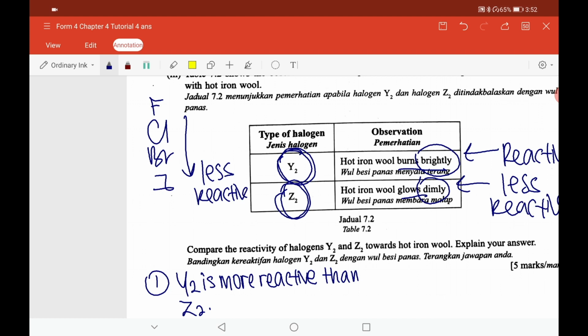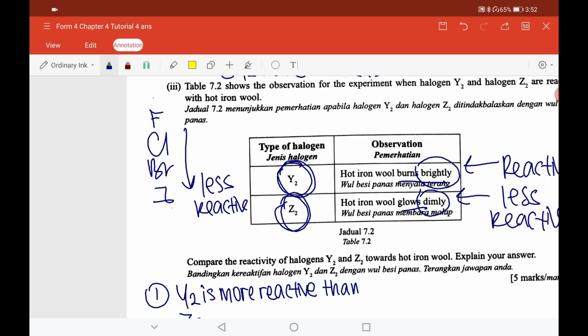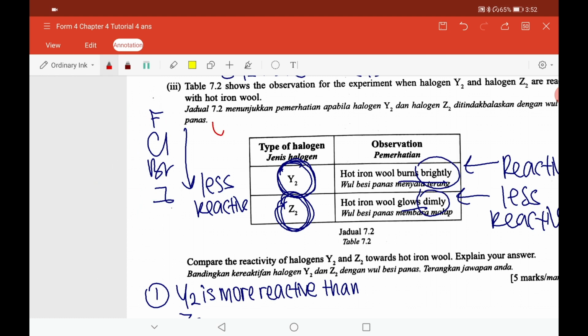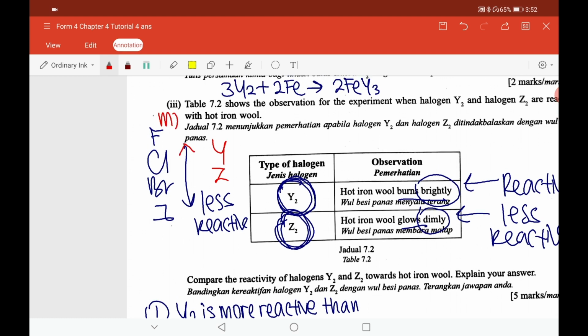Since Y is more reactive than Z, you can expect Y should be in a higher position in group 17 and Z should be lower, right? Because in group 17, higher is more reactive, lower is less reactive. So element Y should be higher than element Z in group 17.